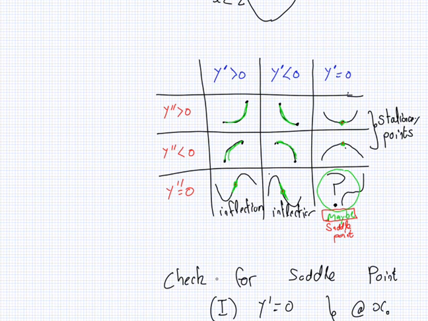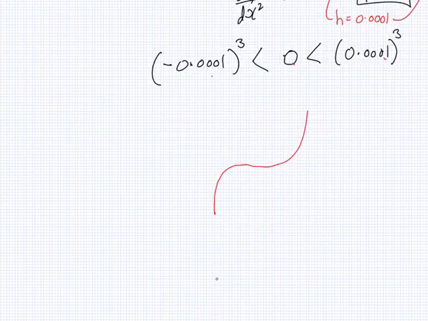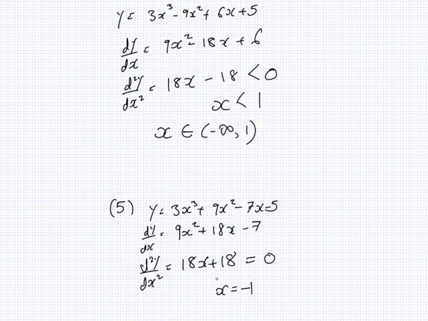When the second derivative is 0 and the first derivative is positive, or if the second derivative is 0 and the first derivative is negative. But in this situation, do we have an inflection point? It's not clear. So we just need to make sure that our first derivative is not 0 when x is minus 1. So just put minus 1 into the first derivative and tell me what you get.